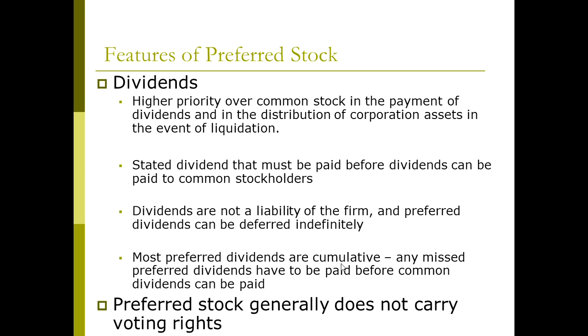For example, if the company skipped 2 preferred stock dividend payments, it's okay. In the third quarter, if you want to pay dividends to common stockholders, you have to make it up to the preferred stockholders by paying back the missed cumulative preferred stock dividends. Then you can announce dividends to the common stockholders.